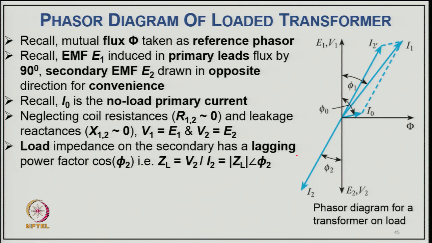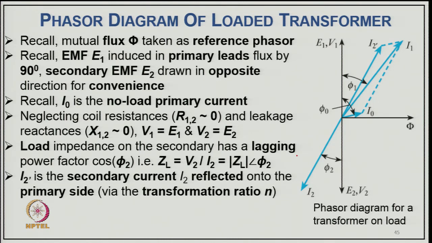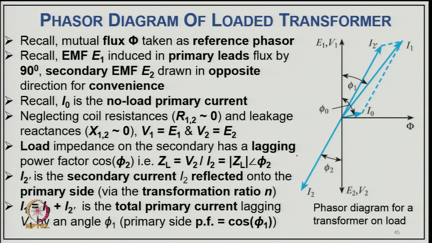So, Z L equal to V 2 upon I 2, that is Z at the angle of phi 2, and I 2 dash is the secondary current I 2 reflected on the primary side via the transformer turns ratio, and that is where I 1 is I 0 plus I 2 dash, as shown here. It is the total primary current which lags V 1 by angle phi 1, that is called the primary side power factor cos phi 1.